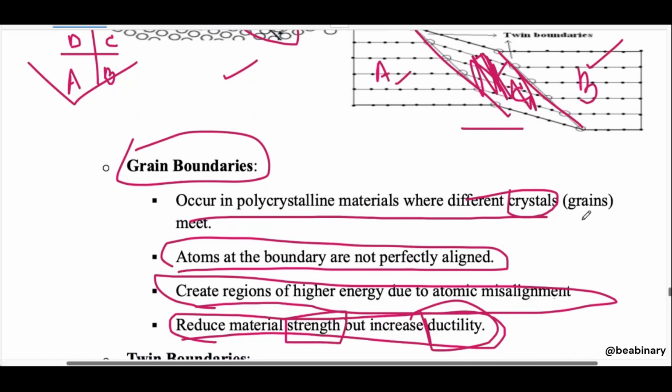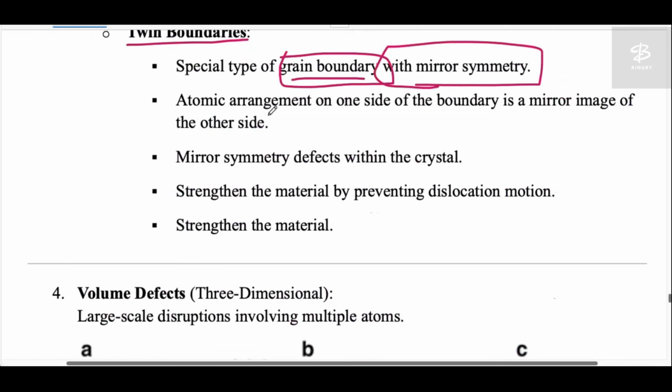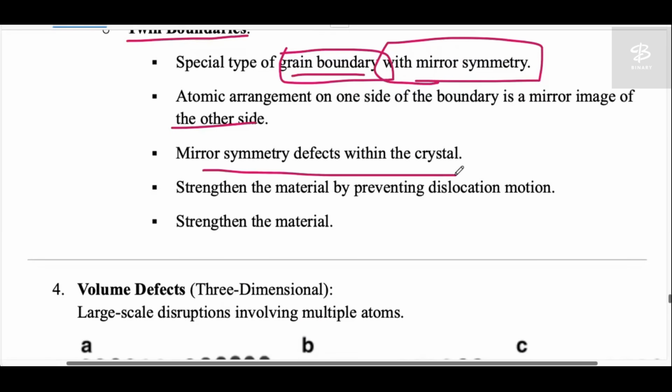So this behaves like a mirror. The atomic arrangement on one side of the boundary is a mirror image of the other side. Simple, as I have shown you. Mirror symmetry defects within the crystal strengthen the material by preventing dislocation motion.